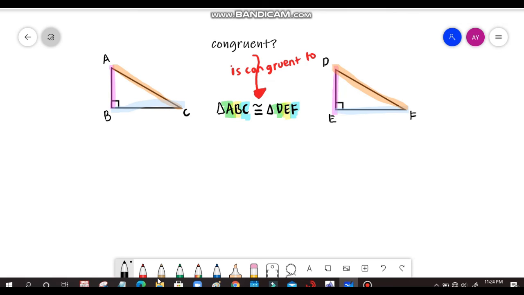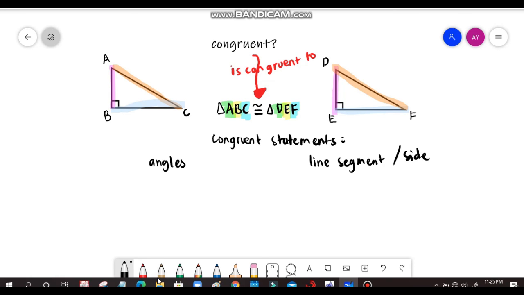Or we can write the congruent statement like this. The angles and the line segments or sides.